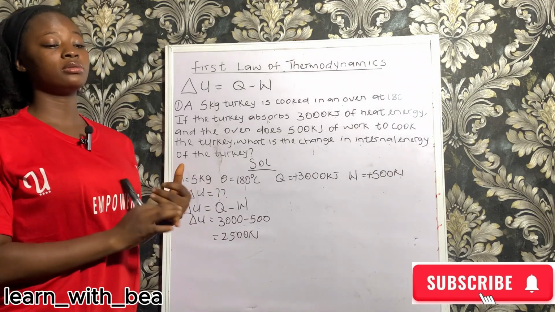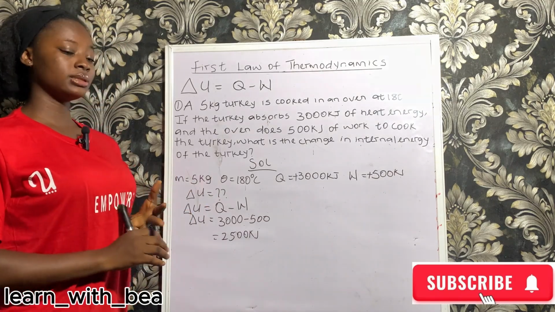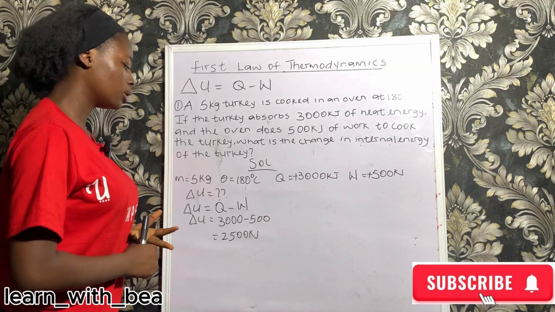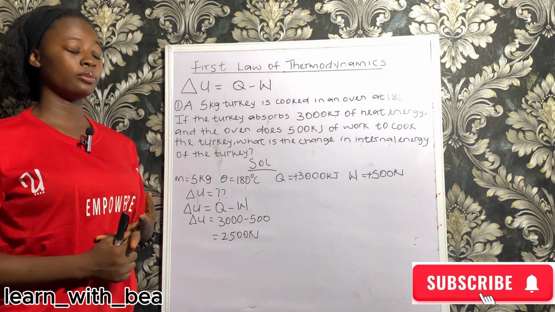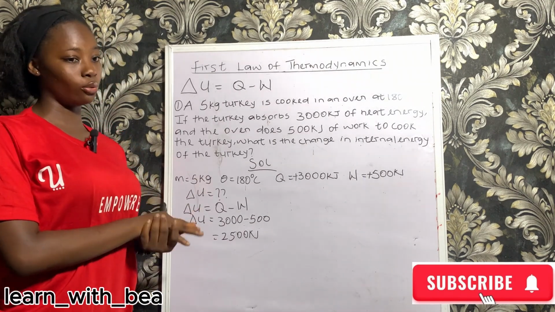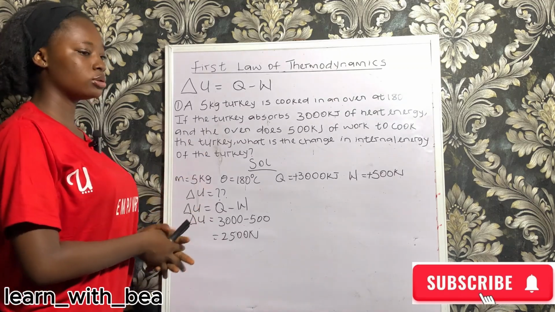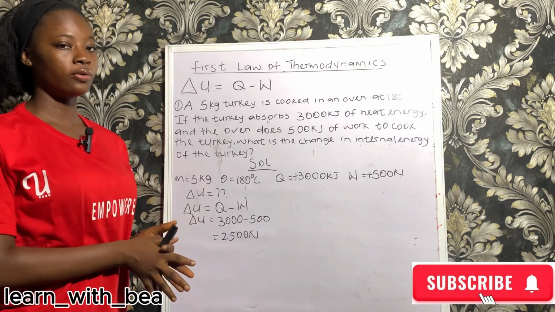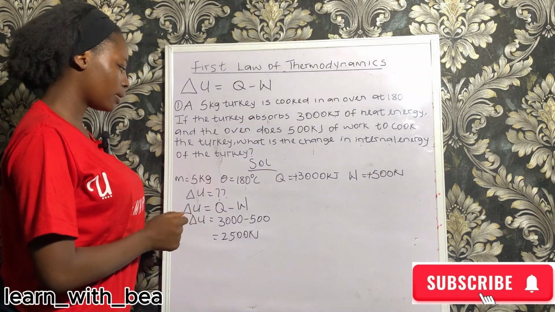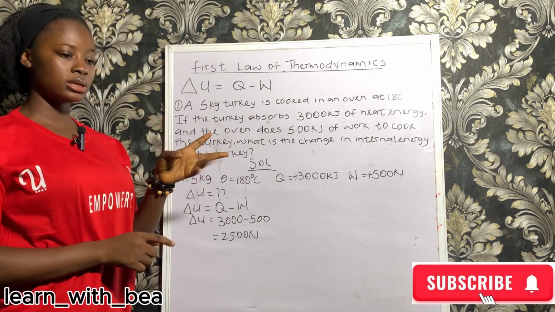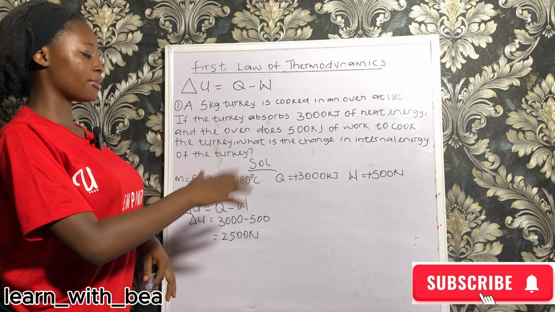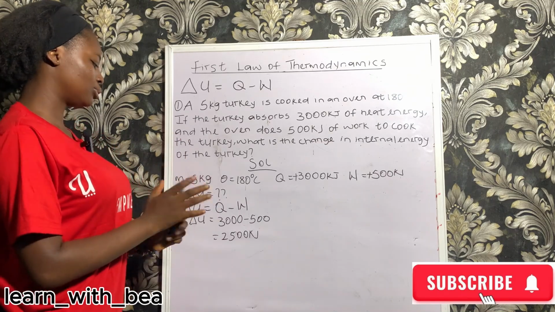First thing, write out the values that you are given. The second thing, know your unknown and know the formulas that are associated with your unknown. Then substitute with the values that you have. So in this case now we have two knowns and one unknown, so it's easier to just input them to get our unknown.